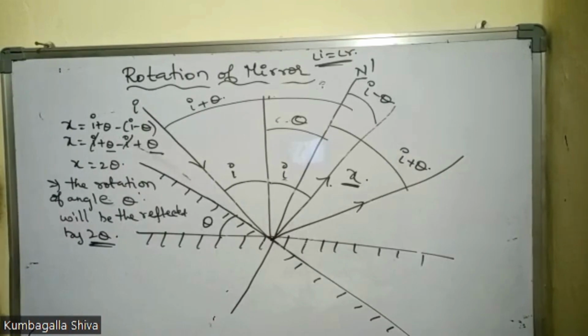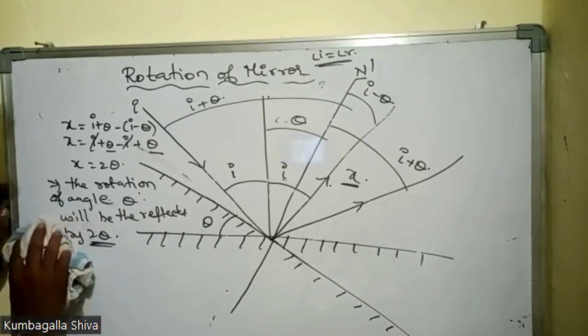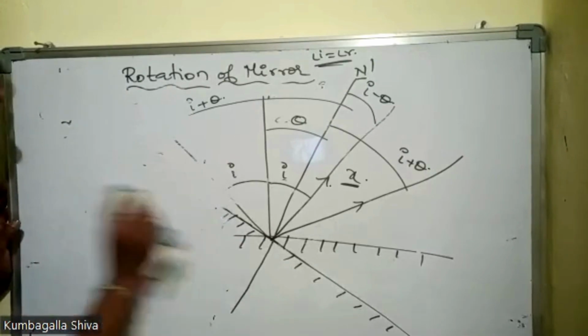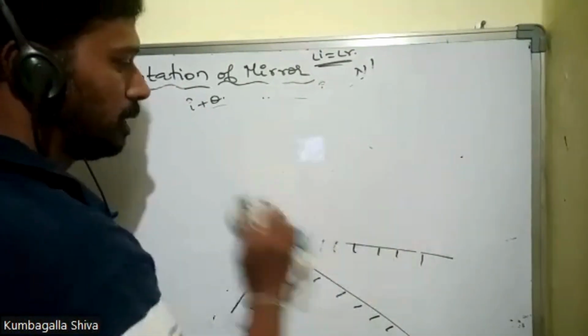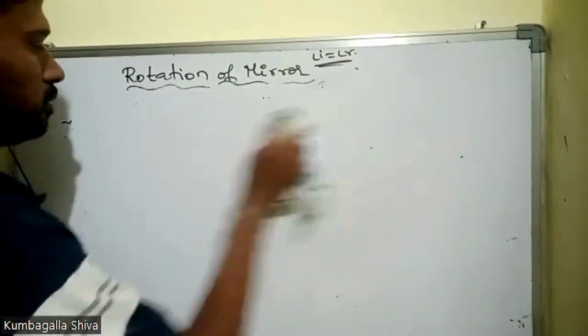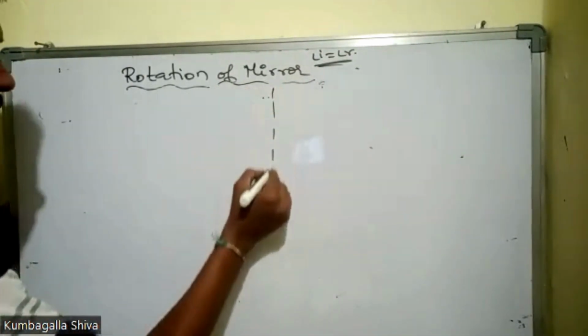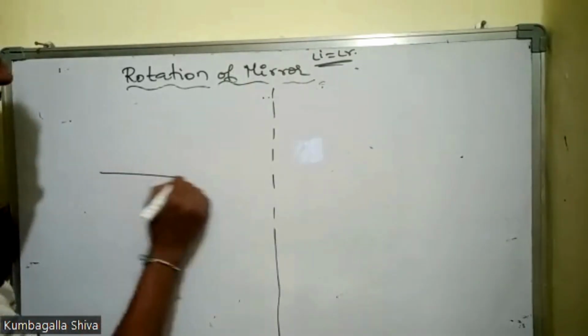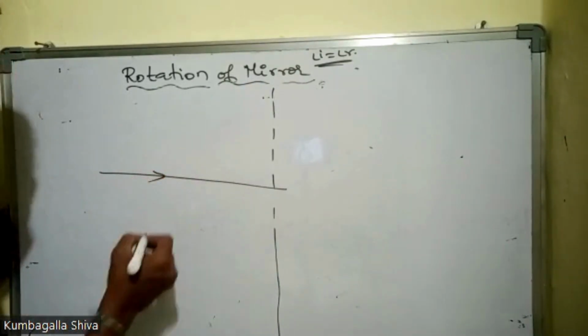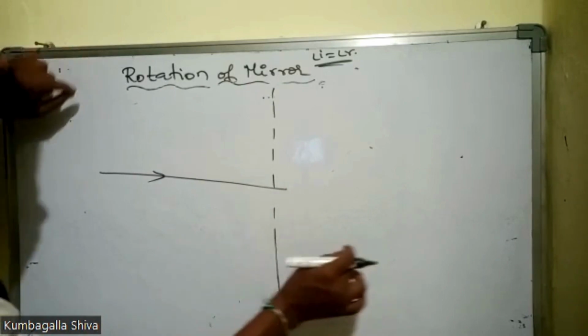Okay now, to make a simpler concept, I can go for the other one also. That is a simple method. Think this is the normal, and this is the incident ray, and I rotate the mirror to an angle.